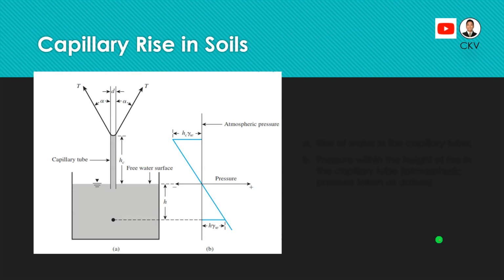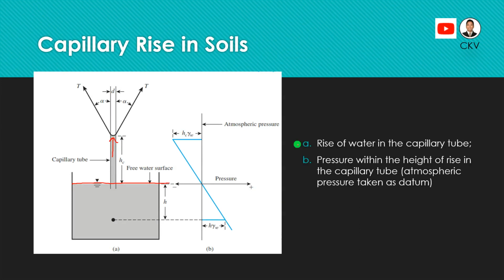Again, that capillary rise causes negative pore water pressure in the soil because there is a suction effect on the water above the surface of the water inside the tube.